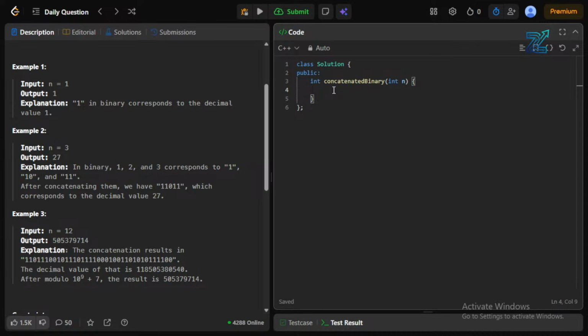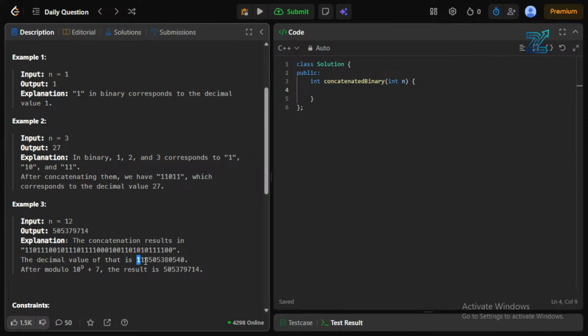So first, we are going to take one long integer. Why? Because we are getting large numbers. See, in this third example, when the n becomes large, we get very large numbers. So we cannot store that in a string, because the string becomes very large.